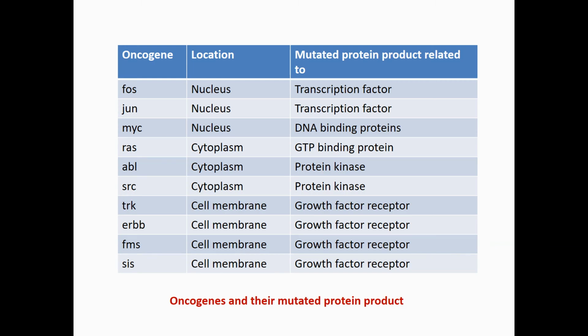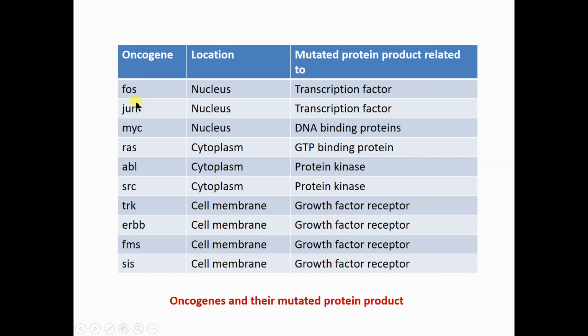These are certain lists of oncogenes, which are uncontrolled and synthesized by conversion of proto-oncogenes, and their mutated products. It is not an exhaustive list.